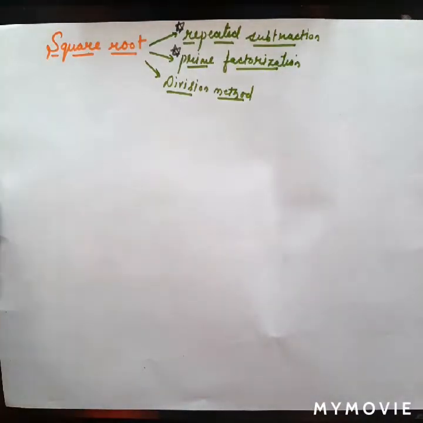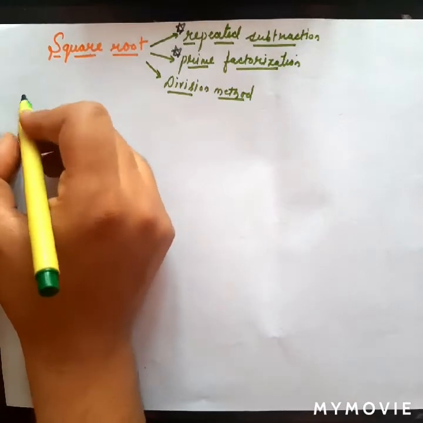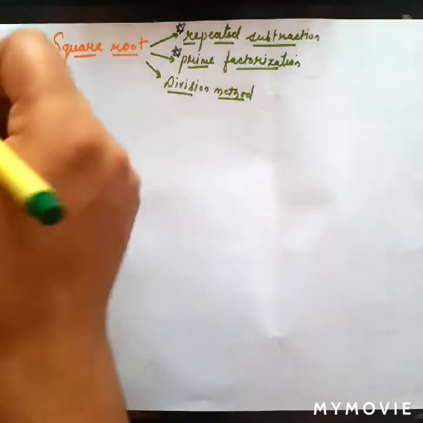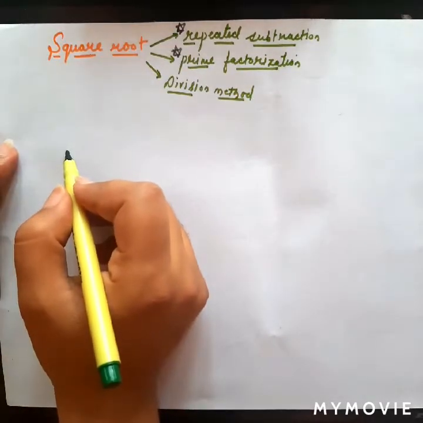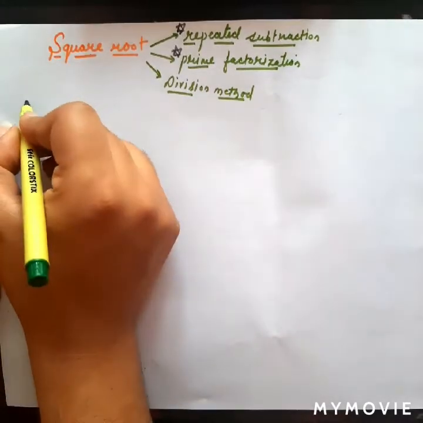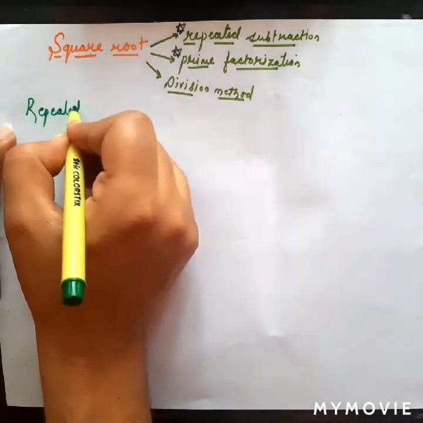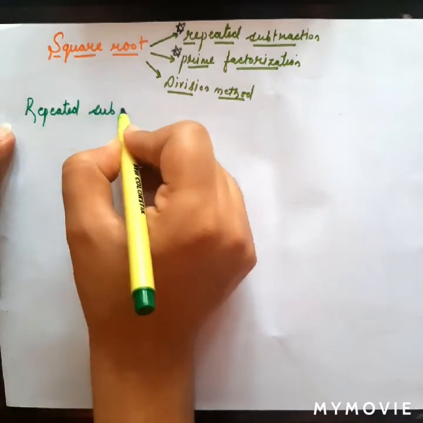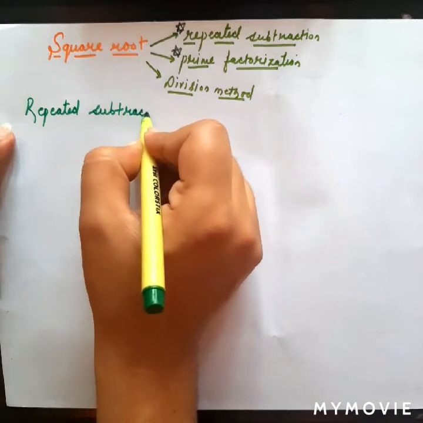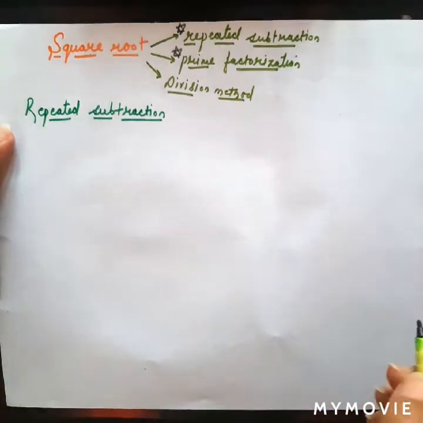In repeated subtraction, we take odd numbers and subtract them from a particular number. I will explain this with an example.